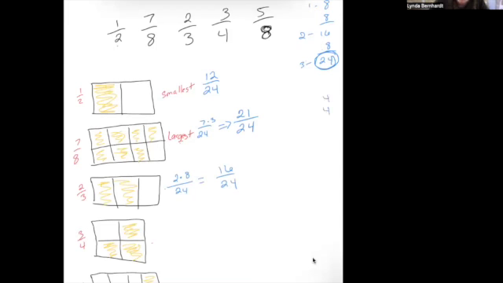We've got 4 and 4 is 8, 4 is 12, 4 is 16, 4 is 20, and then 4 is 24. So that would be 1, 2, 3, 4, 5, and 6. So it'll be 6 times. So now we go 6 times 3, because this is my 3, over 24. 6 times 3 is 18 over 24.